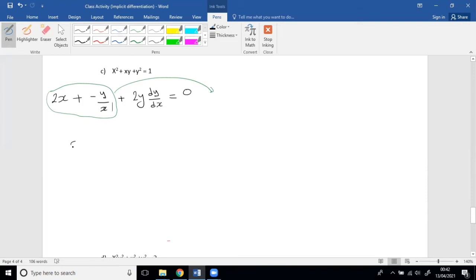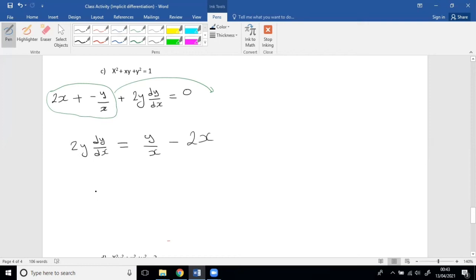So I'm going to end up with 2y dy over dx equal to, now if I move one at a time, this is minus y over x, so if I move it, that's going to become positive y over x minus 2x.